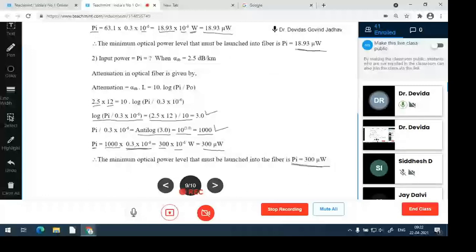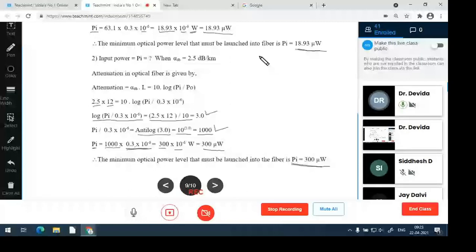A change from 15 microwatt to 300 microwatt is there. So a very high power is needed if attenuation per kilometer changes to 2.5 dB. That is elaborated in this problem.